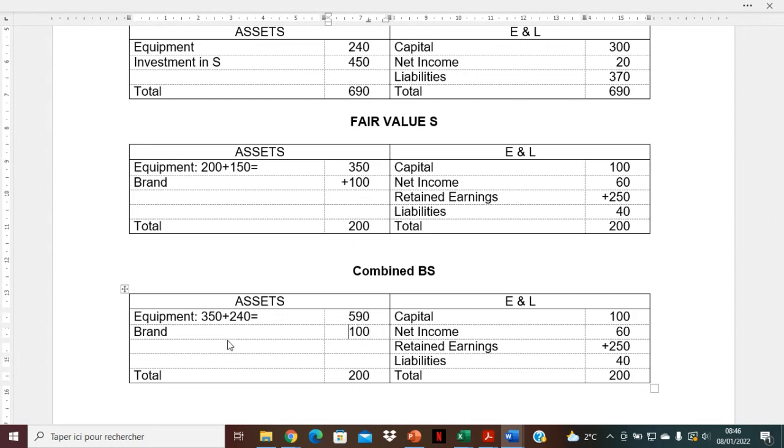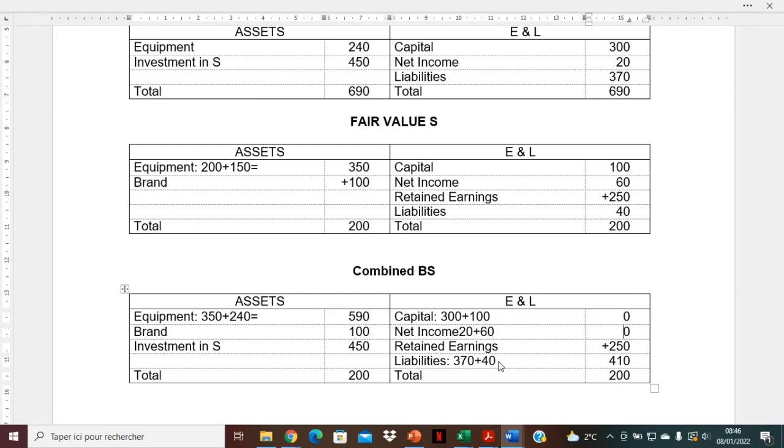We have a brand name, and from the parent balance sheet, we have the investment in S. The amount is 450. Capital, we have, as always, 300 for the parent plus 100 for the subsidiary. Net income, we have 20 for the parent plus 60 at the date of acquisition for the subsidiary, and liabilities, we have 370 plus 40, so 410.